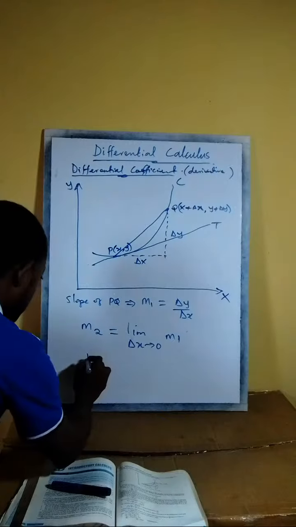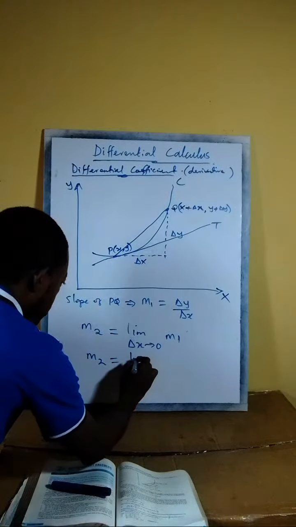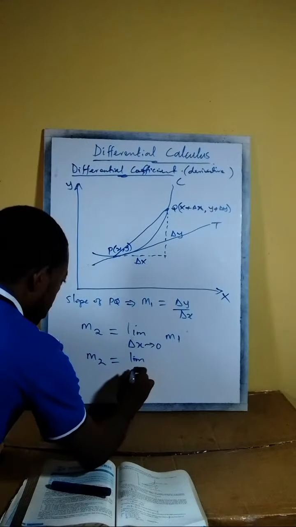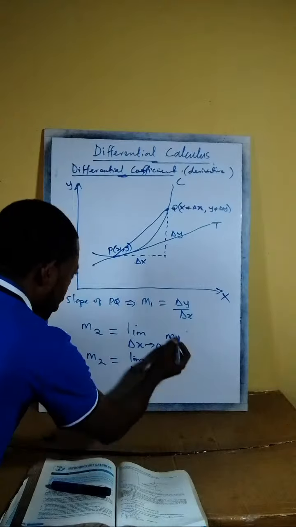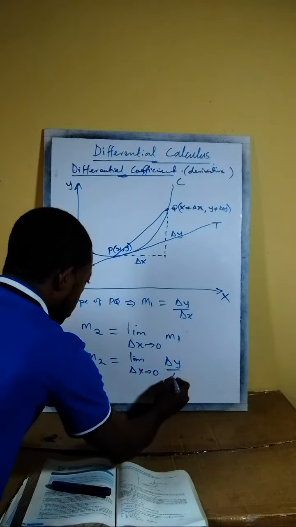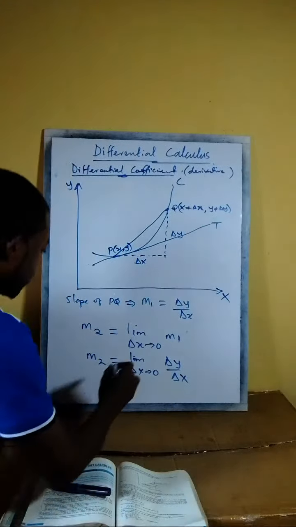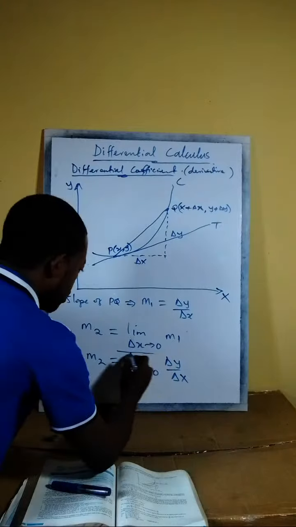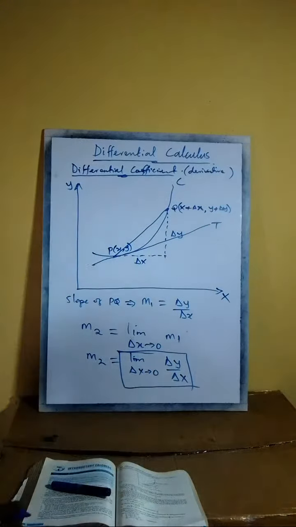That means we have m2 equals the limit as delta x tends to 0 of m1, which is delta y over delta x. So what we have here is therefore referred to as the differential coefficient of a function.